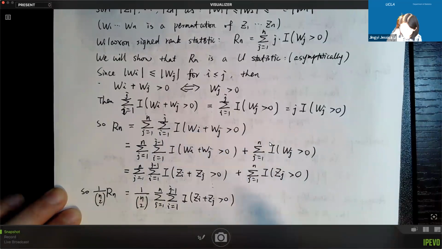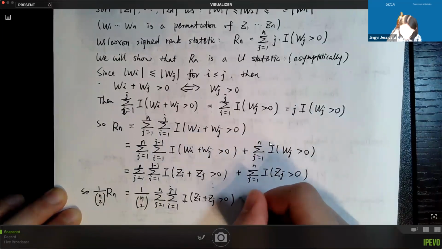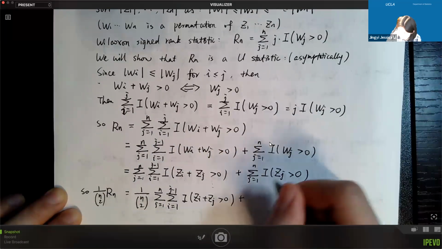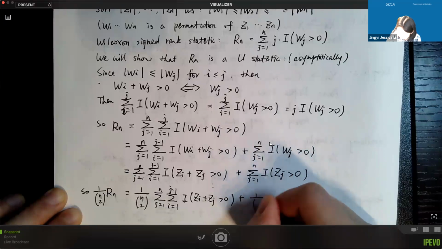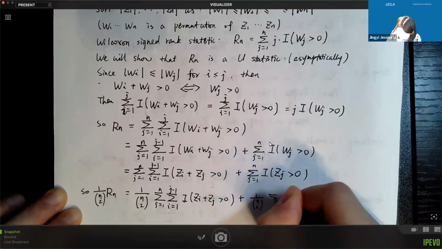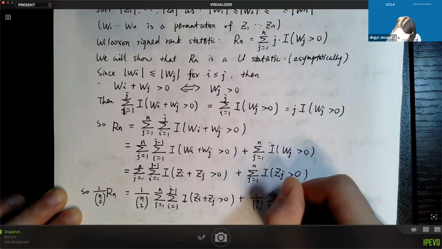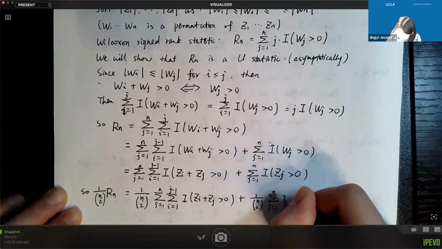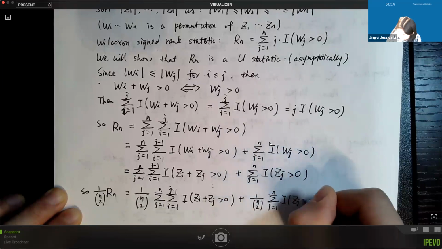And the last term is again 1 over n choose 2, summation j from 1 to n, indicator Zj greater than 0.